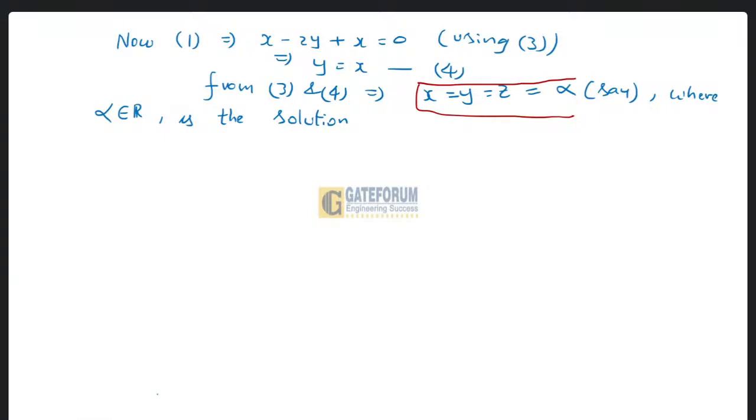Now we can write this solution, that is x, y, z, as a column matrix. You know that Ax equal to O, where x is a column matrix. Therefore the solution set means the set of all column matrices x, y, z.